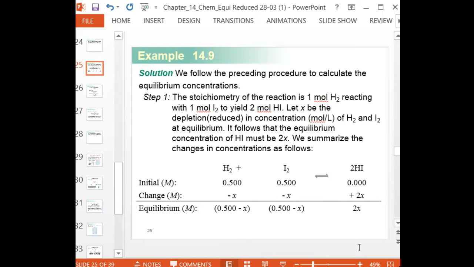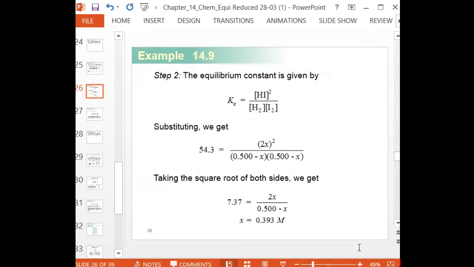Now the equilibrium values you have to put into this formula, the same law of mass action. HI to the power 2, H2 to the power 1, I2 to the power 1. Put the Kc value given here, and this is all a square. So you take the square root from both sides, and now you get the x value, 7.37.